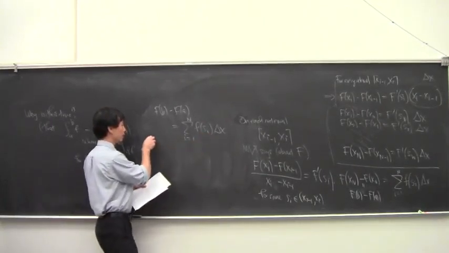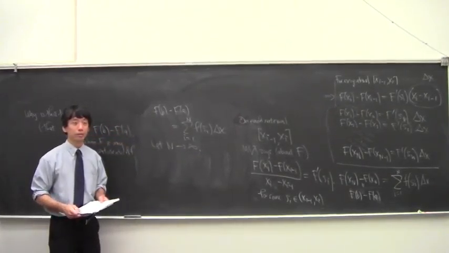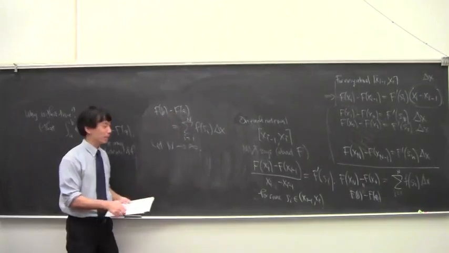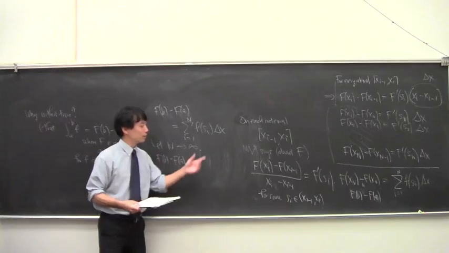Right. So now let n go to infinity. What happens to the left-hand side? Nothing. You still stay with f of b minus f of a. What happens to the right-hand side?